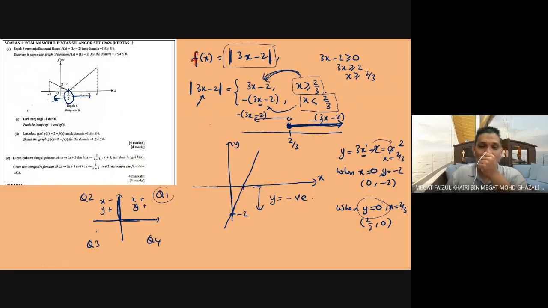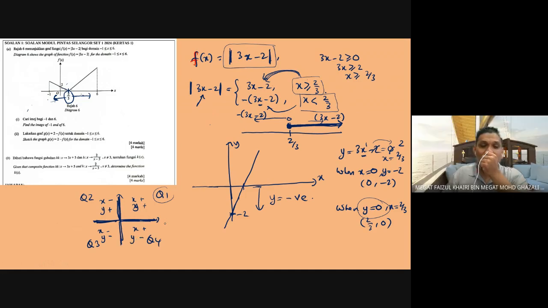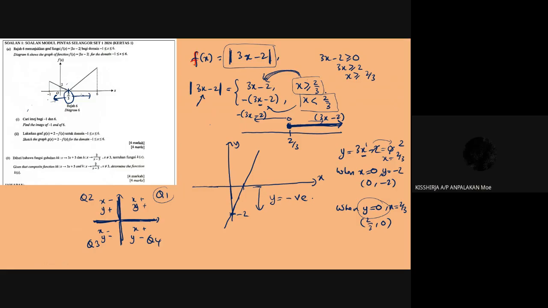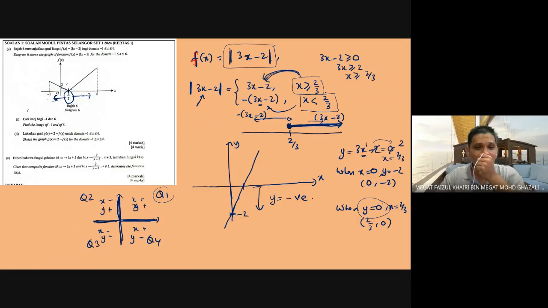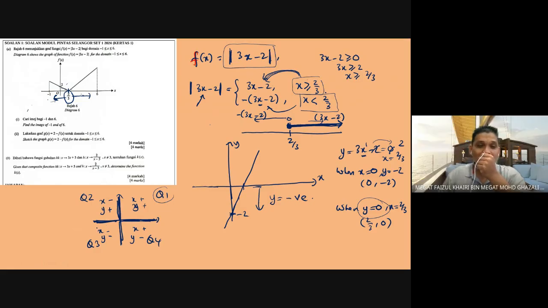Quadrant 3: x negative, y negative. And quadrant 4: x positive, y negative. So in which quadrants is y negative? In quadrants 3 and 4. So we conclude that below the x-axis is where all y is negative.